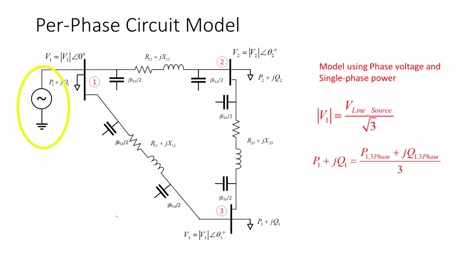Line segments have a series resistance and reactance, as well as a shunt charging capacitance. We will be using a pi equivalent line model where we lump half the capacitance at the end of each line. Loads are represented by constant real and reactive power consumption, where for analysis we use a per-phase model, which is 1/3 the 3-phase consumption.